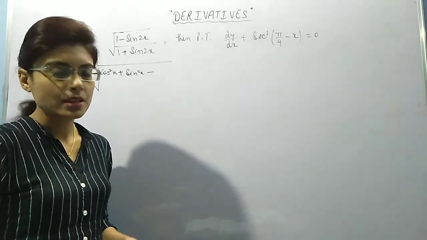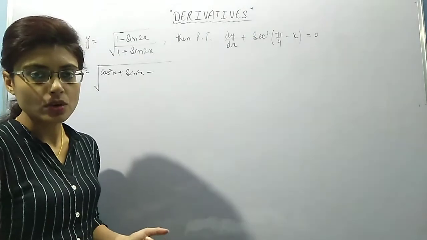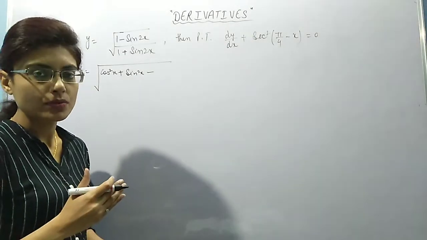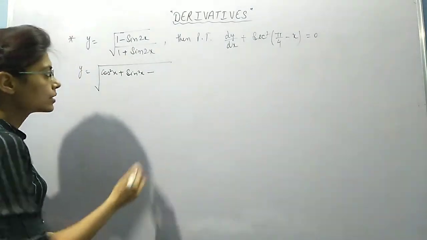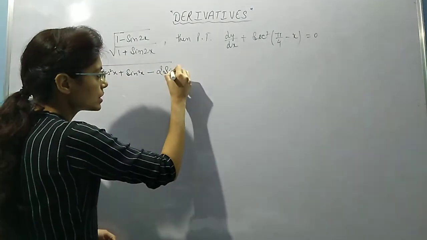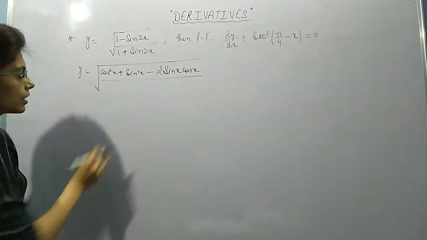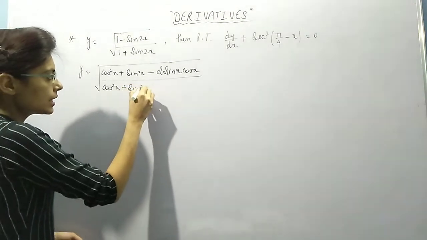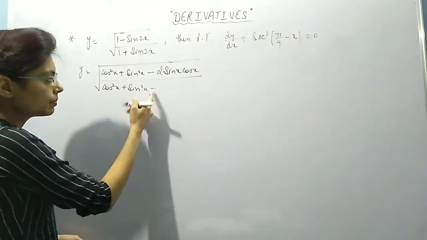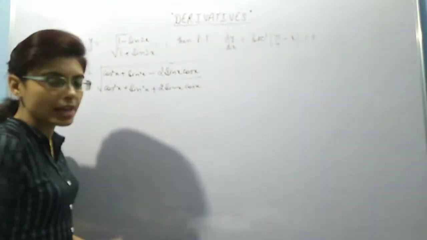Sin 2x means the formula of sin 2 theta, that is 2 sin theta cos theta, but here in place of 2 theta we are having 2x. So the formula will be 2 sin x cos x divided by, same here, cos square x plus sin square x plus 2 sin x cos x.